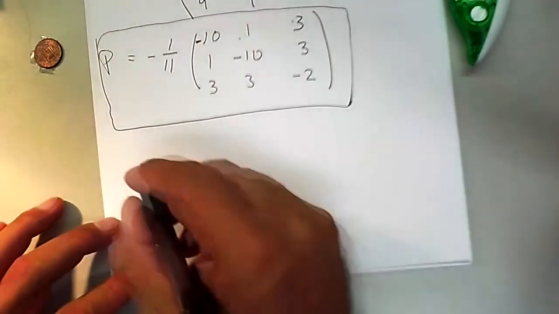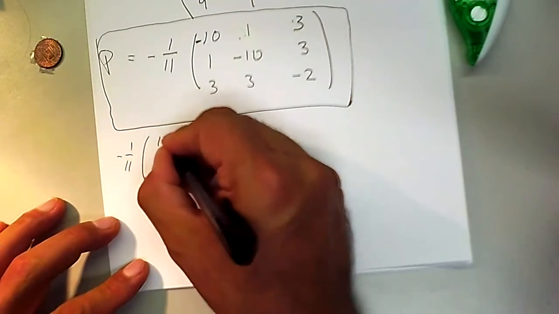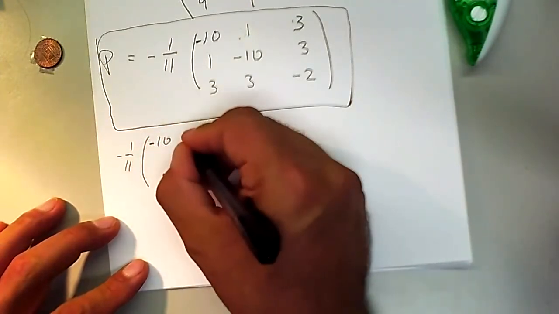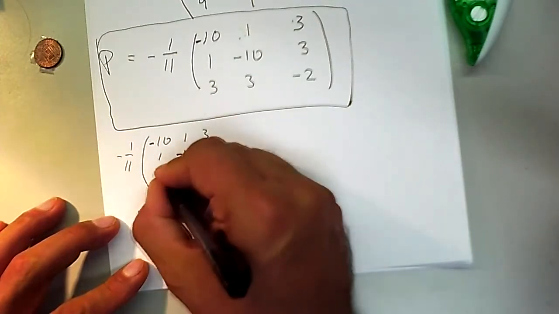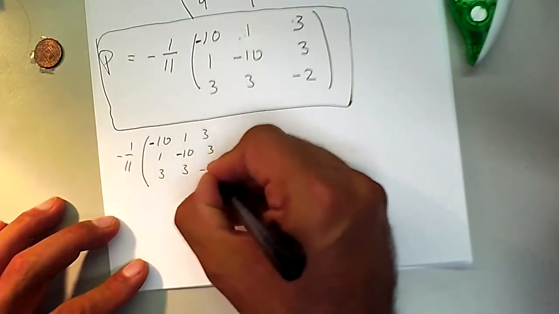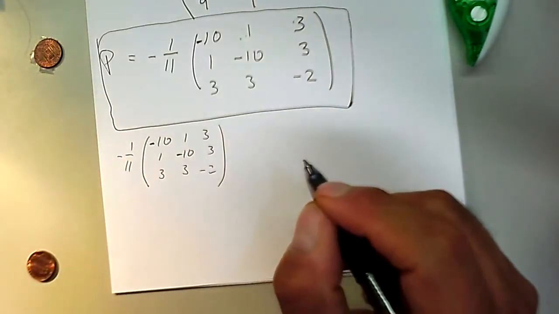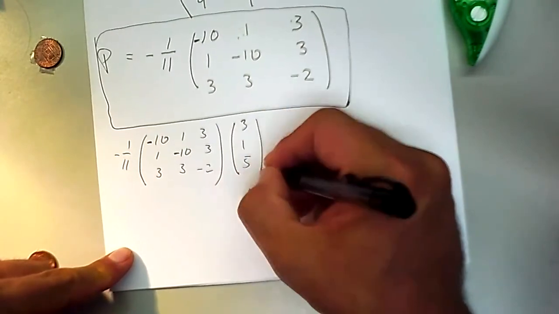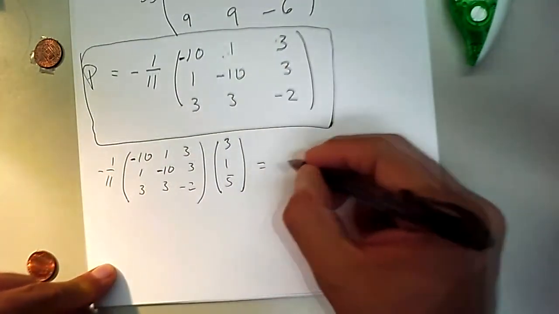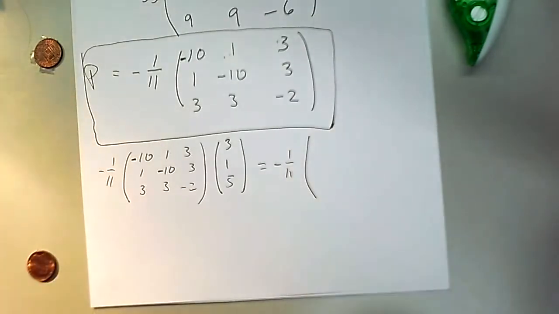So if we have -1/11 times -10, 1, 3, 1, -10, 3, 3, 3, -2, which by the way is a nice symmetric matrix, times 3, 1, 5.